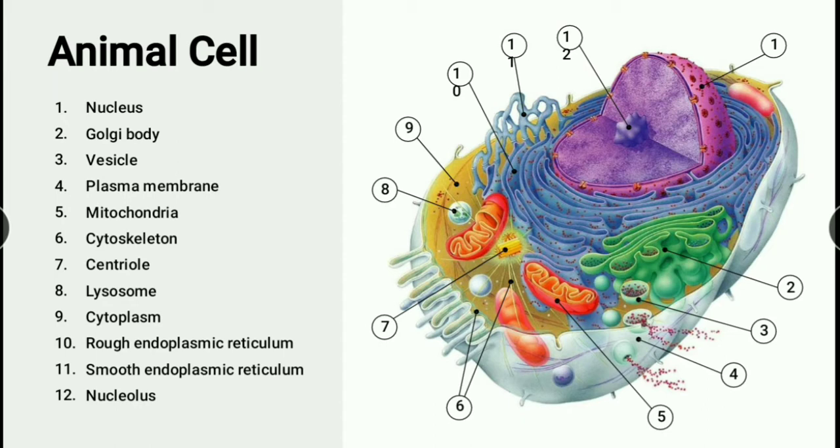It is all codes, information about the person, about the organism. So information about the organism will be stored inside the nucleolus. The nucleolus will be having every information about the organism or the person.